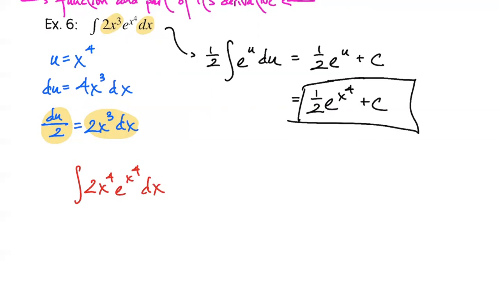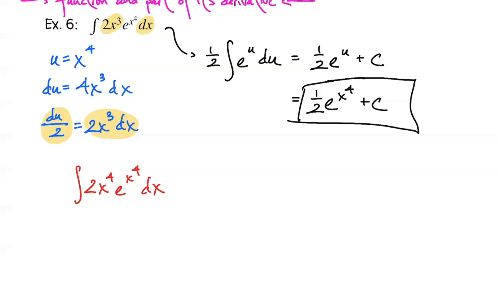In particular, it's not 2x cubed anymore. It's 2x to the 4th. Exactly.